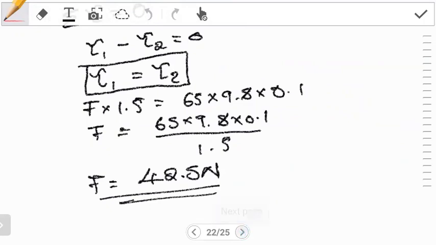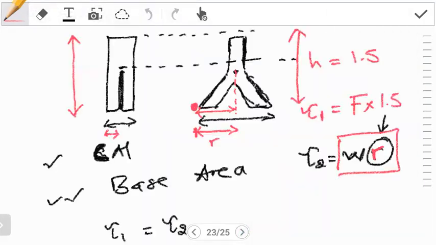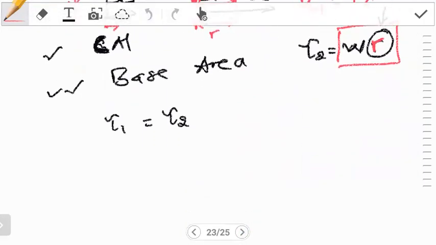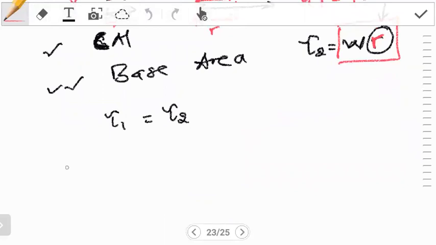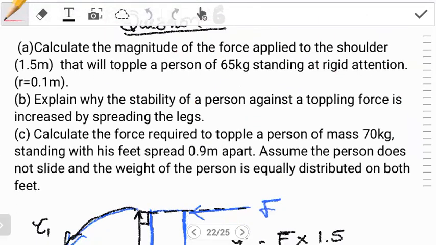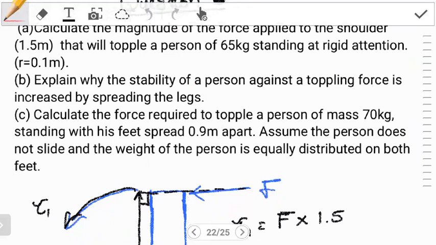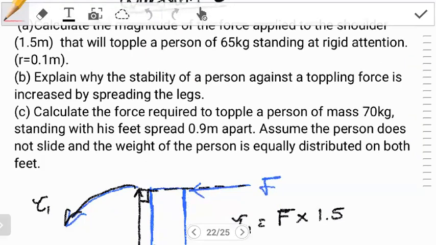Let's work out the current scenario that they've pictured for us. Again, torque 1, as you've seen, is F times 1.5. But torque 2, remember, we had the weight multiplying R. Now if we go back to the question, we're told the person spreads the legs so that they are 0.9 meters apart.